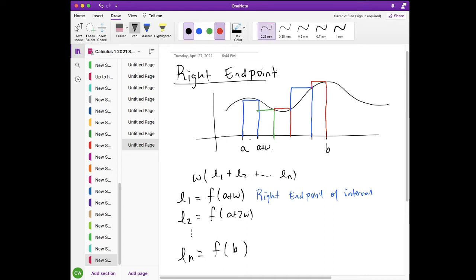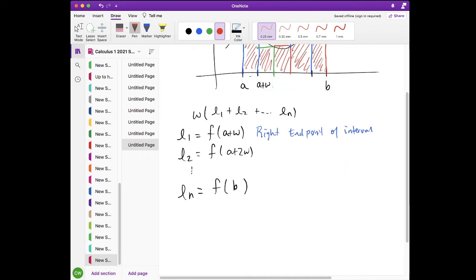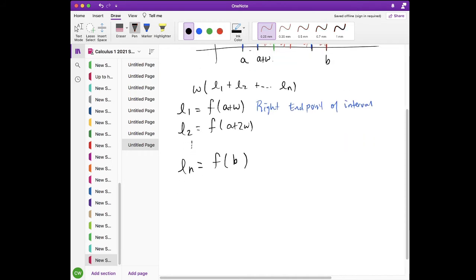Yeah, so all this is the area approximated. This one was 5 rectangles, so b minus a over 5 is each width. So the estimated area is w times f of a plus w, plus f of a plus 2w, plus and so on, up to f of b.